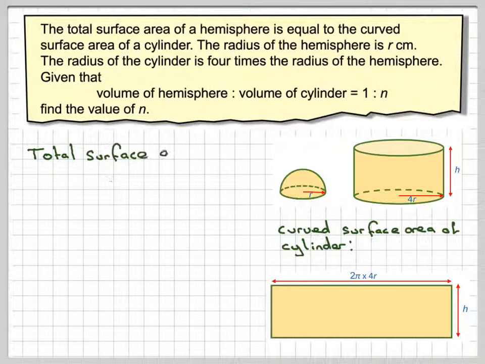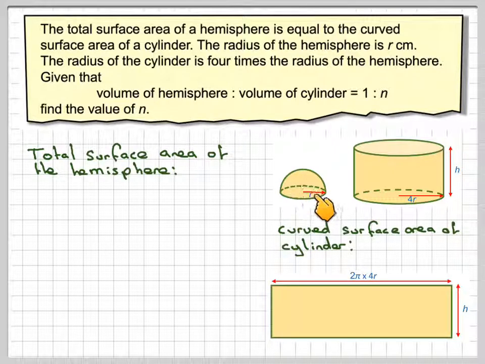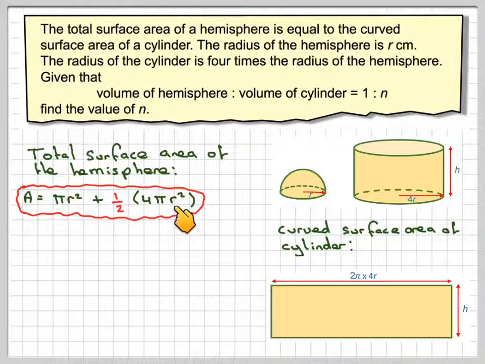So the total surface area of the hemisphere will be the area of the circle at the bottom here. That's pi r squared, plus half the surface area of a sphere, which is 1/2 of 4 pi r squared. This one is actually given to you in the formula booklet.